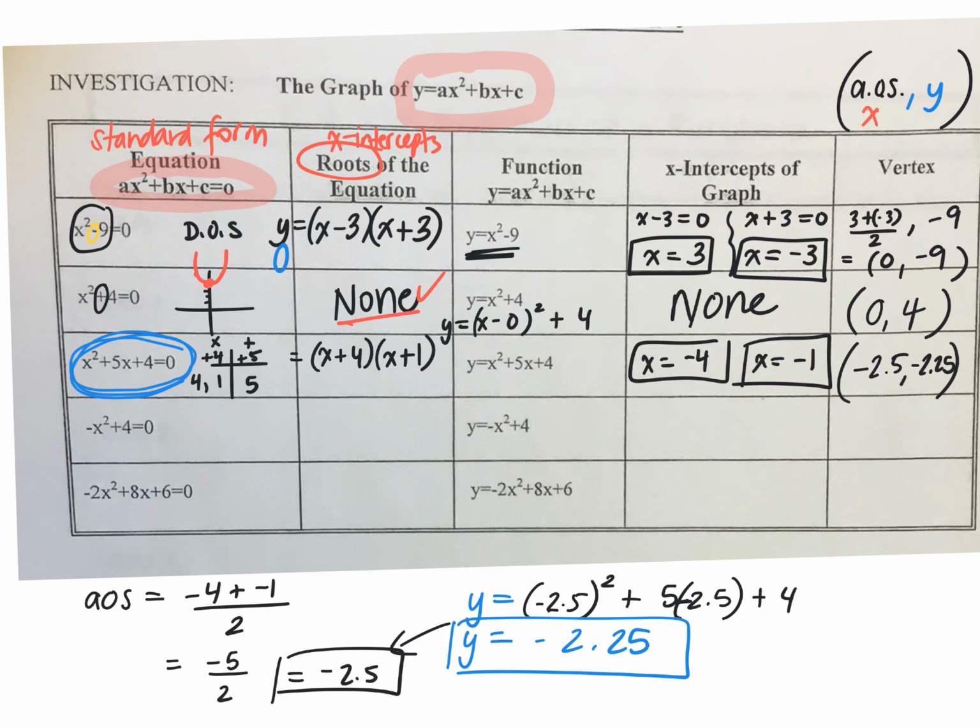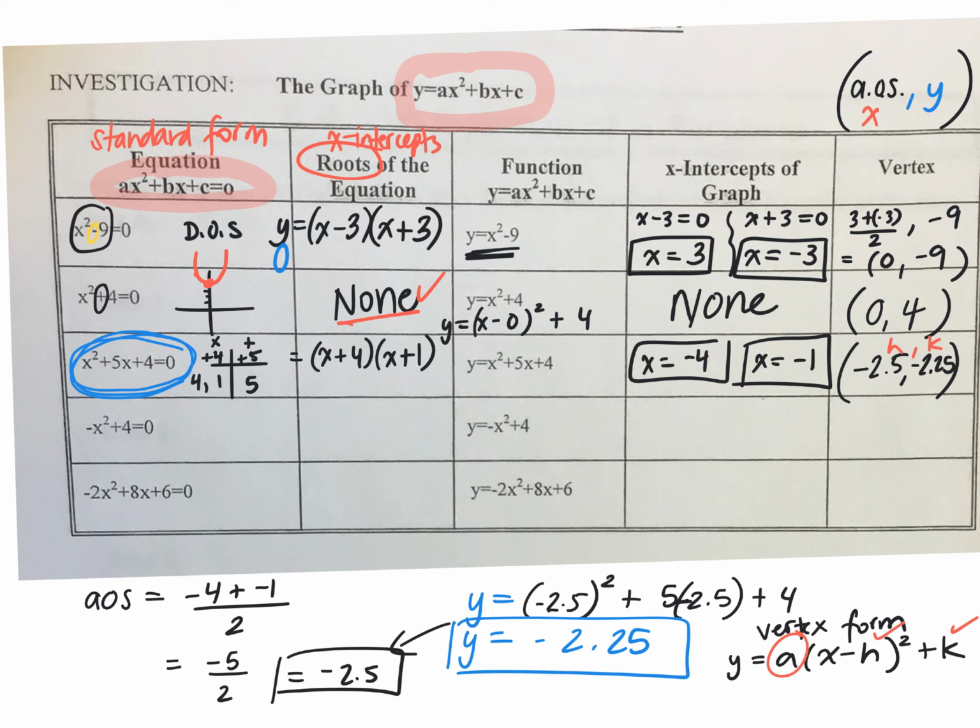How would you write this in vertex form now? How would you write this equation? I know it's not on here, but I want to see if you can remember. It's y equals a bracket x minus h squared plus k. If you know the vertex, which variables can you replace? h and k, right? Does a change from standard to vertex? a is always the same.